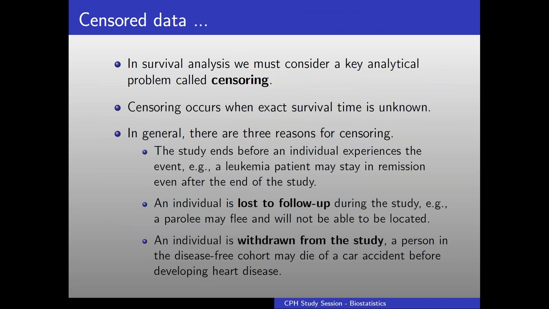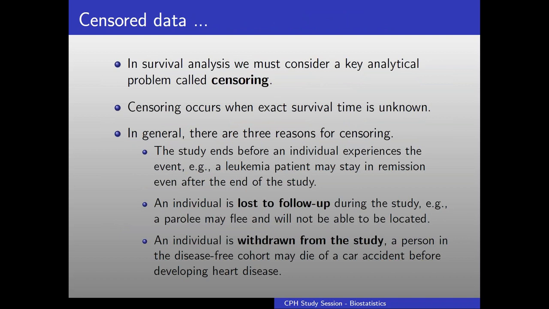So when we're talking about survival analysis, we have to consider a key concept called censoring. Ideally, when you're studying the time until an event occurs, you can observe someone from the beginning until the event eventually occurs. However, in practice, it doesn't occur that way.